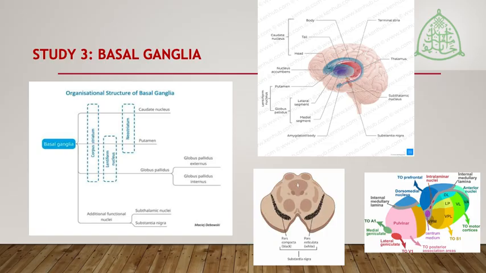So based on that, we can see the organization of the structures. The lentiform nucleus is a combination of the putamen and the globus pallidus.